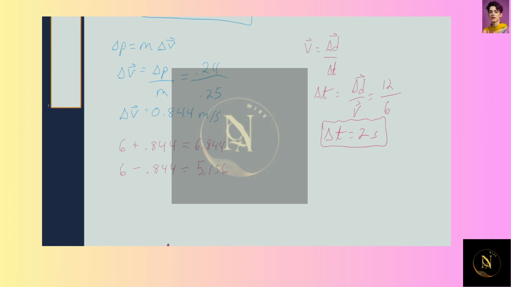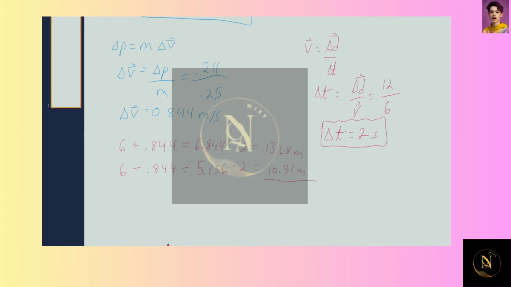The reason I did this is the variance is 0.844, so it could be greater than 6 or less than 6 by 0.844. Now I'll multiply each of these by 2 because we had 2 seconds, and that should give me 2 different displacements. The first displacement would be 13.68 meters, and the other one would be 10.31 meters. So the ball is going to go as far as 13.68 or as close as 10.31.